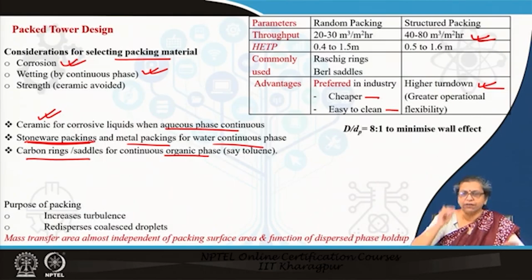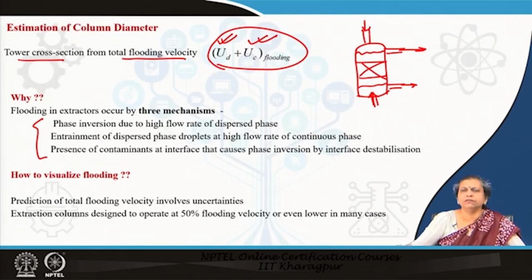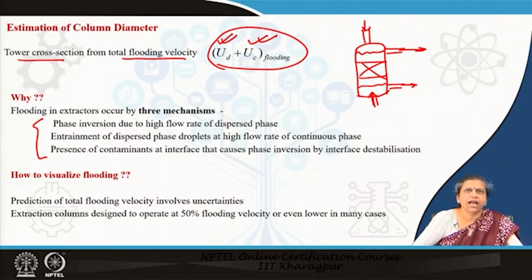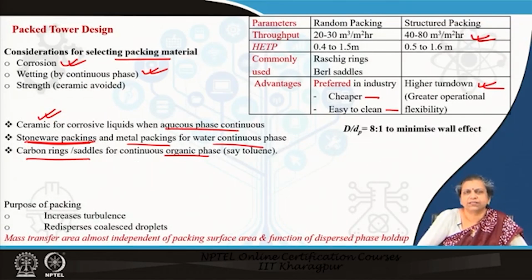For the time being, what is important for your assessment is what I have covered: considerations for the choice of solvent, how to select the dispersed and the continuous phase, how to find the number of theoretical stages, and how to estimate the column diameter. The important part is that for column diameter, the total flooding velocity is important, along with certain considerations in deciding the packed tower materials.